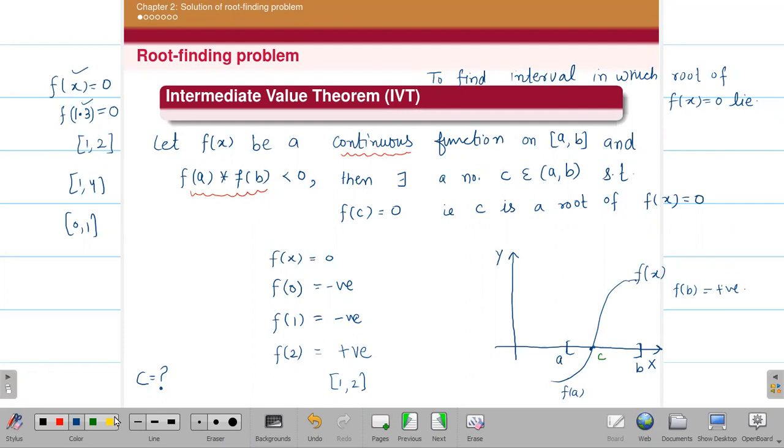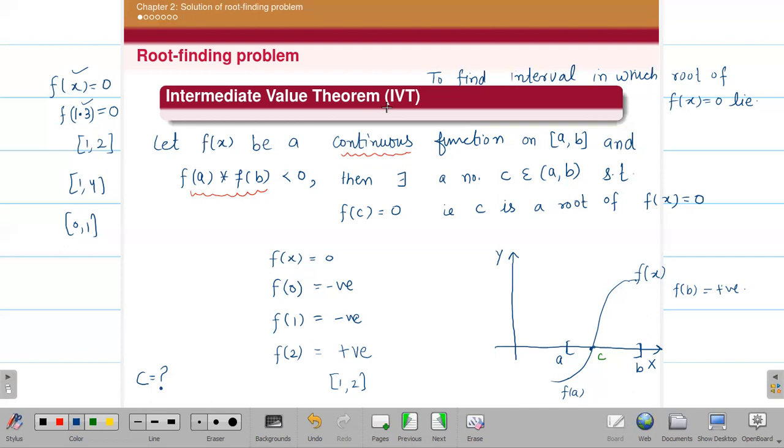So it can be 1.1 also, 1.2, 1.29, 1.3, 1.4. It can be anything between 1 and 2. It can be 1.9 also. That will depend on the function. But you came to know the interval at least. So the intermediate value theorem will tell you only the interval in which our root lies.